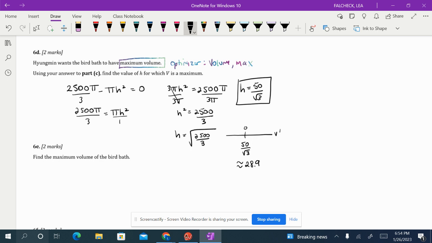Okay. So something below that, let's test it in the derivative. That's going to be a positive. Now I'm going to test above, let's test like 30. Okay, it's going to be a negative. All right, so in the original graph, if I'm going from increasing to decreasing, that in fact confirms that we have a maximum volume when the height is 50 over the square root of 3. Okay.